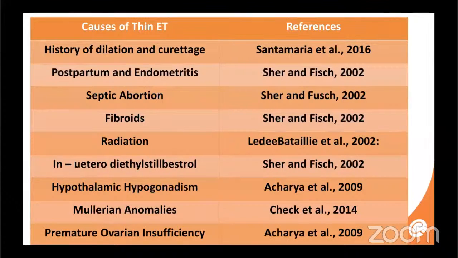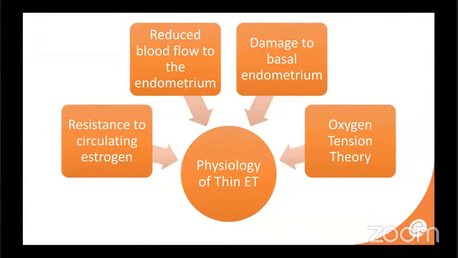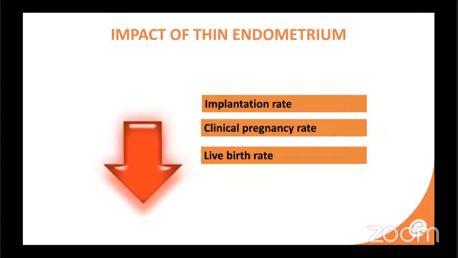Now, what are the causes of thin endometrial thickness? If there's a history of dilatation and curettage, any postpartum endometritis, any septic abortion, fibroids, or radiation, all of these factors lead to thin endometrial thickness. And in terms of physiology, resistance to circulating estrogen or reduced blood flow to the endometrium, damage to the basal endometrium, and the oxygen tension theory, all of this cumulatively gives rise to thin endometrium.